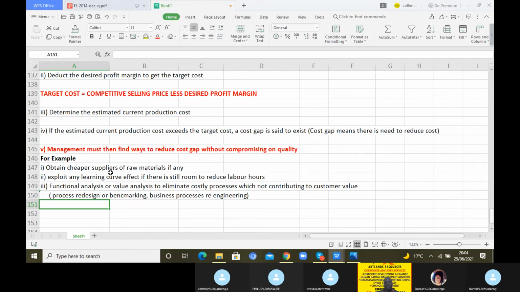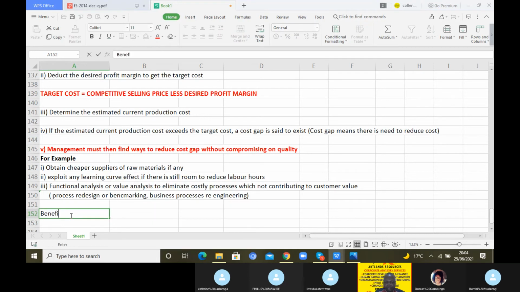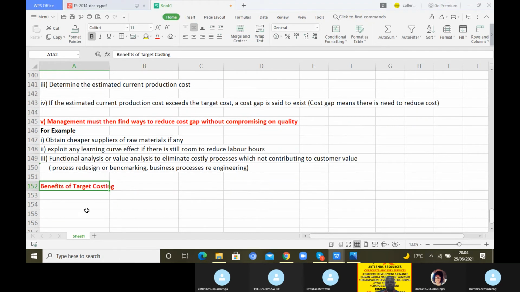Also, so what now are the benefits of target costing? These are the benefits of target costing. You can see it's a very noble approach to costing. It's not something that you can trash. You can't throw this into the dustbin. You notice it requires you to undertake market research first.